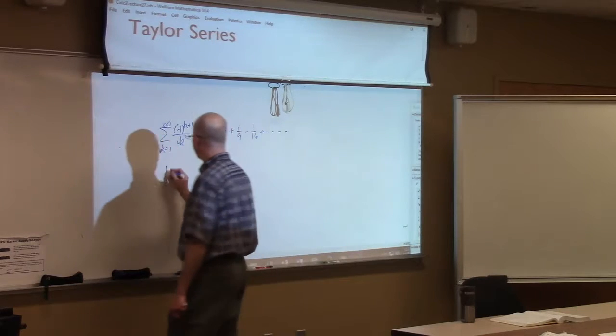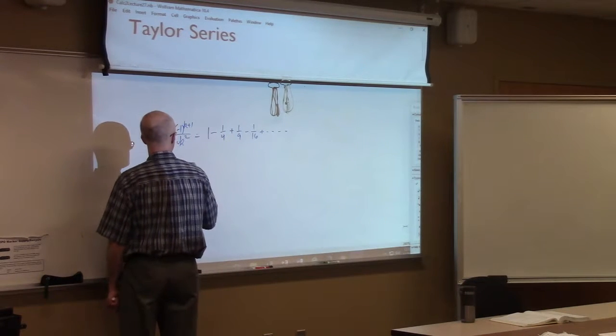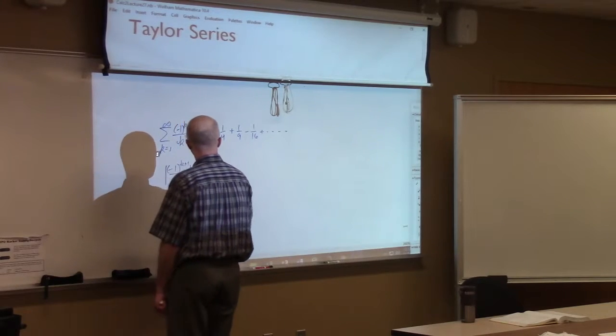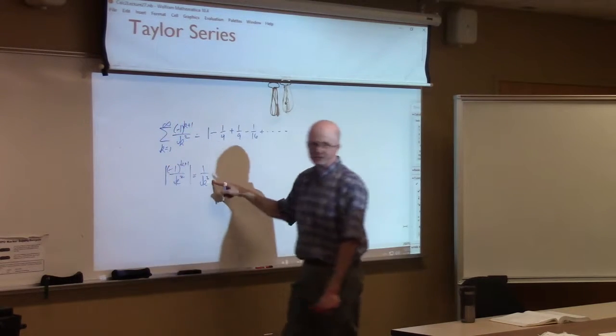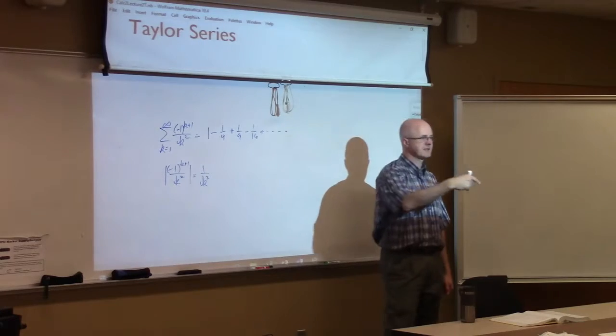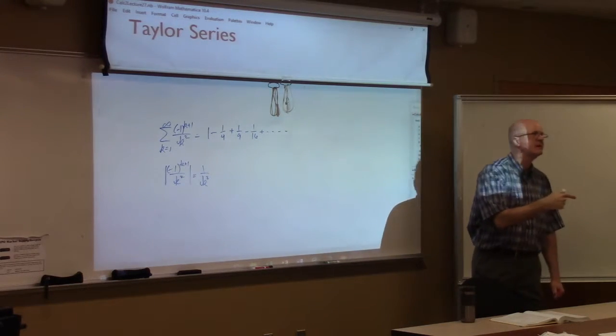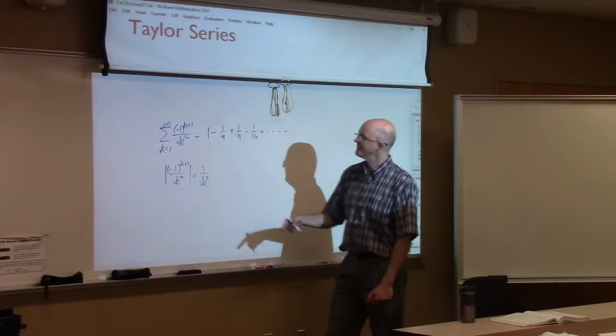that says if you look at the absolute values of these terms, and those form a positive decreasing sequence that goes to 0 as k goes to infinity.